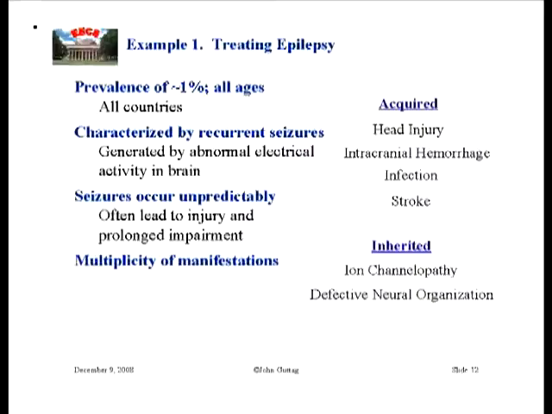People who have strokes or serious infections will develop epilepsy, hemorrhages, and increasingly head injuries. It turns out to be an illness that is now of great interest to the Defense Department because people are coming back from Iraq with epilepsy.